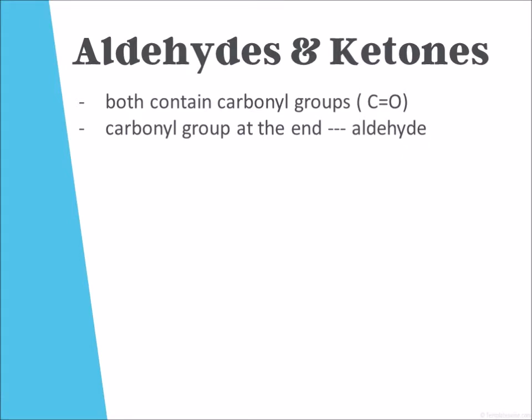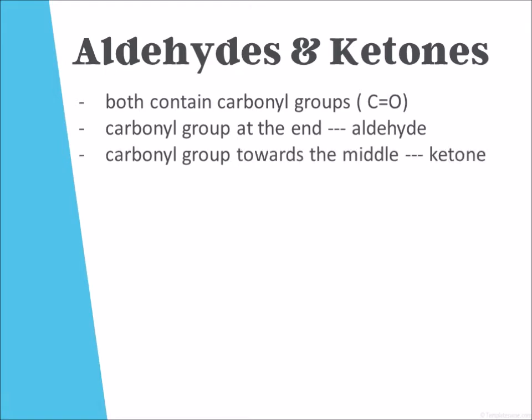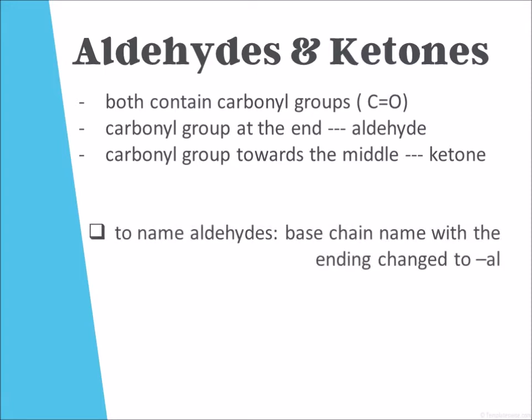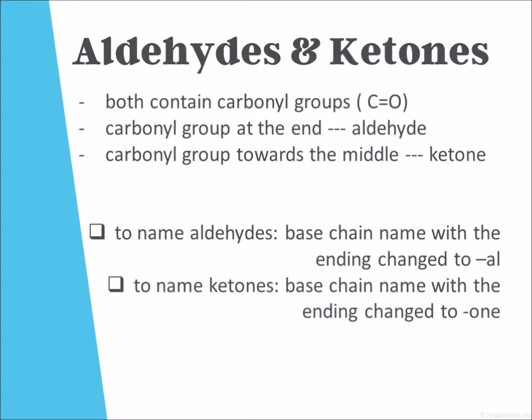If the carbonyl group is found on the end of the chain, it is an aldehyde, but it is a ketone if the carbonyl is found towards the middle or in the center. To name aldehydes, we simply change its ending to -al and -one for ketones.